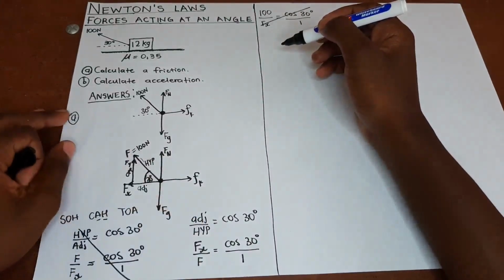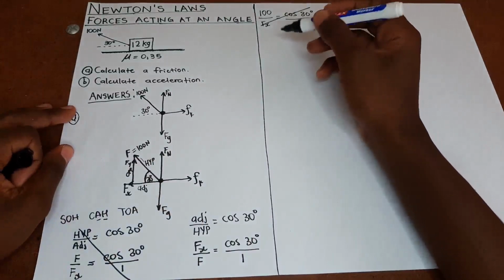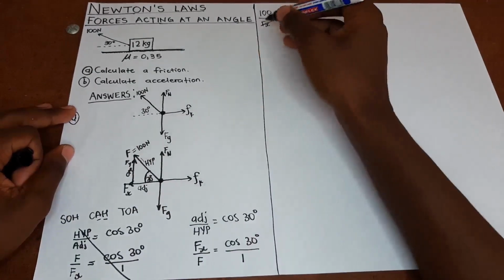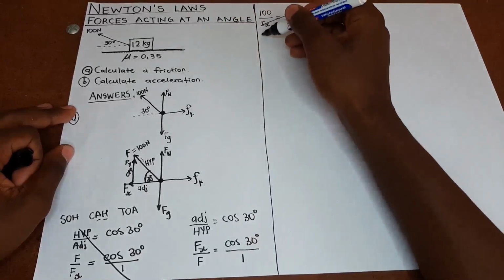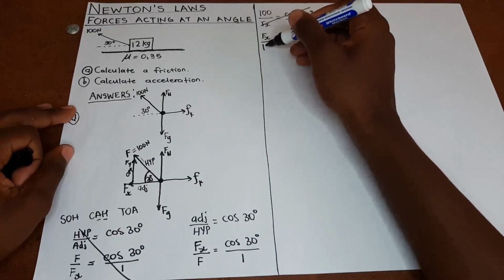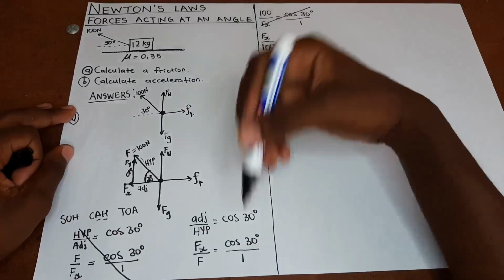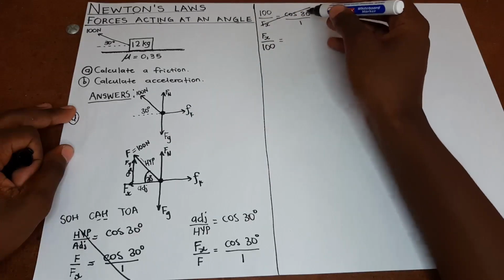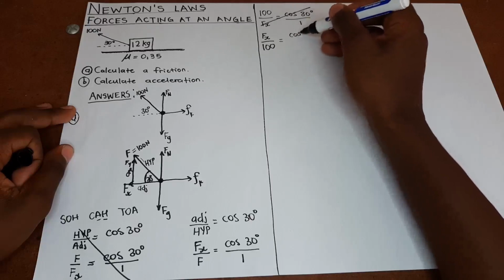Adjacent over hypotenuse is equal to cos 30 degrees: Fx over F is equal to cos 30 degrees over 1. We're looking for Fx, so let's substitute our F, which is 100, equal to cos 30 degrees over 1.